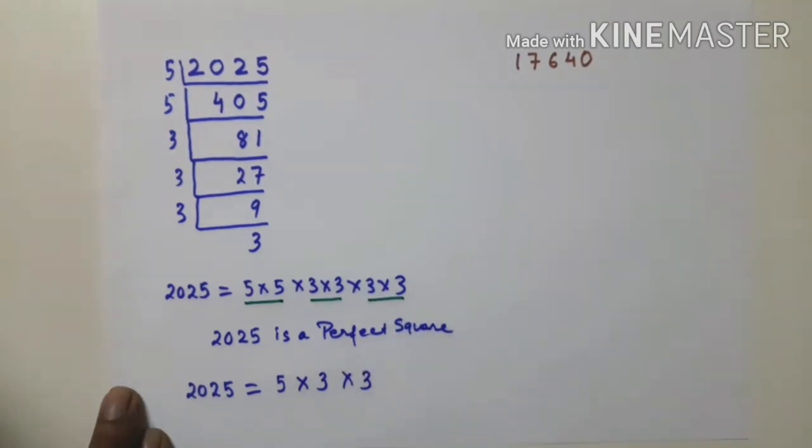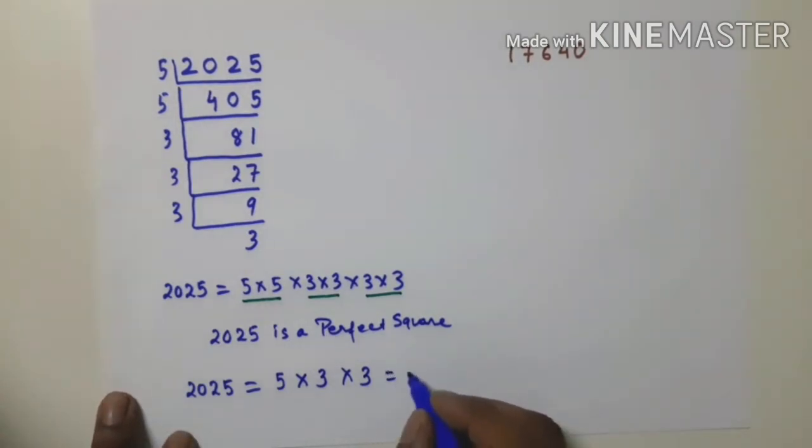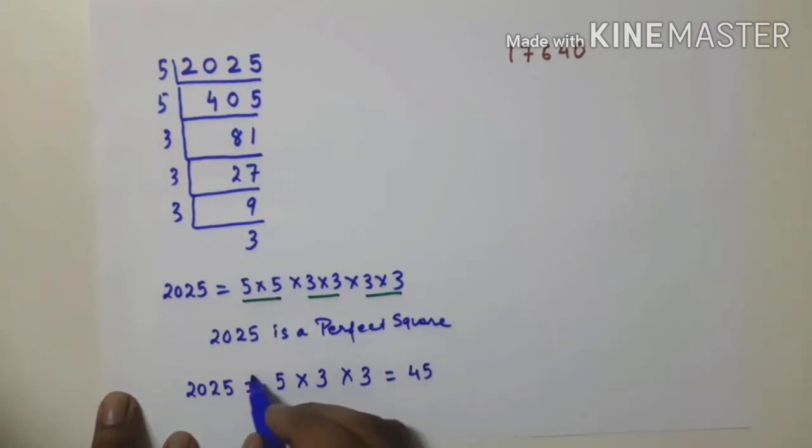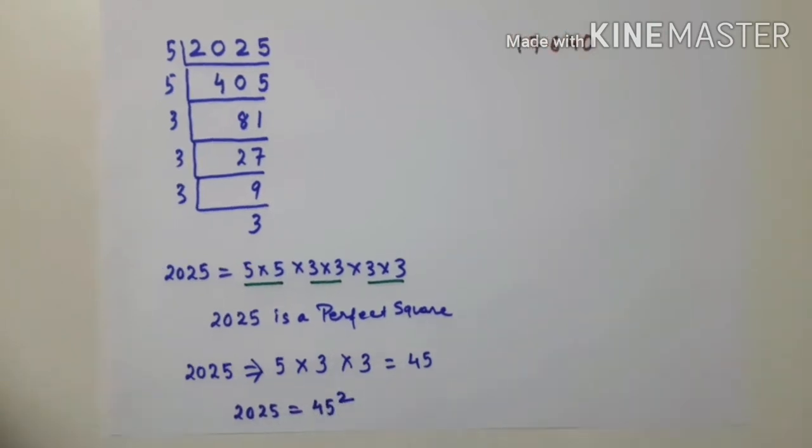So what we find now, 5 3s are 15, 15 3s are 45. So we can say 2025 is the square of 45. So 2025 can be written as 45 squared. So 2025 is a square number or a perfect square.